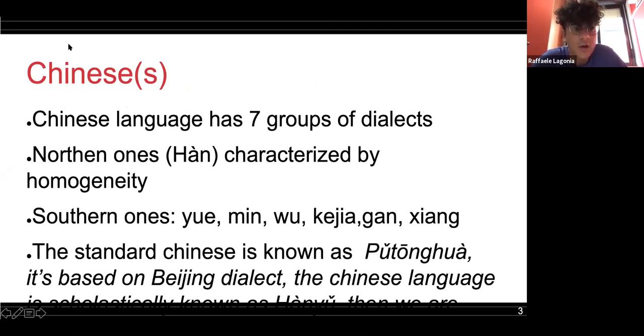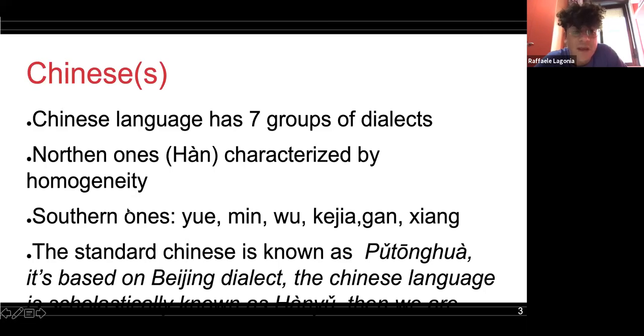I called this slide Chineses with a plural because the Chinese language has 7 groups of dialects. We have the northern ones that we call Han, and they are characterized by homogeneity.